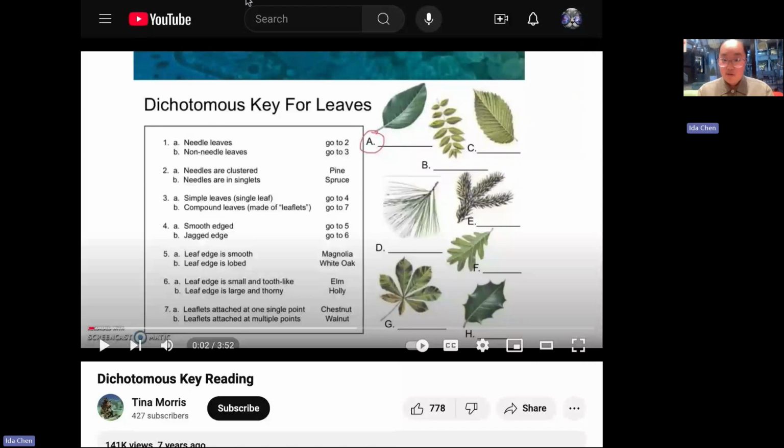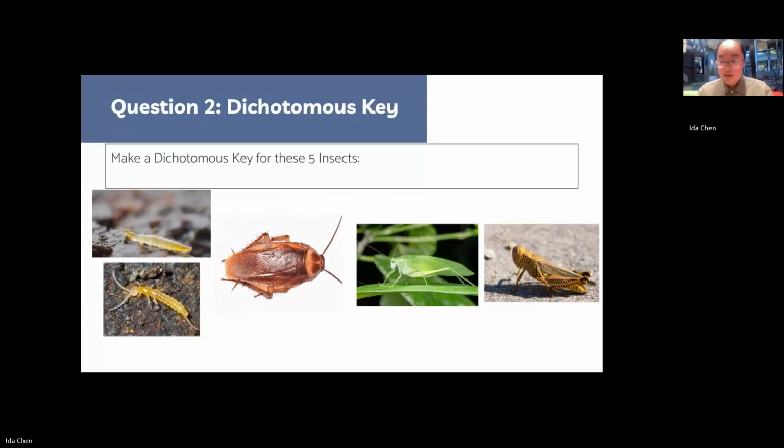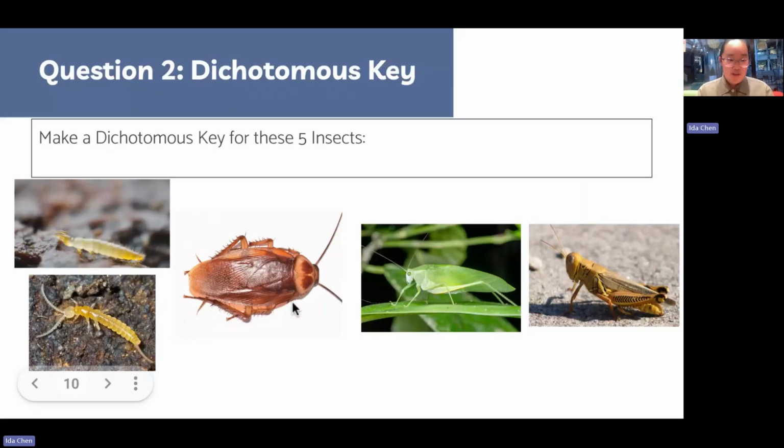I'm going to give you 5 bugs, and you're going to try to do the same thing. From the very limited amount of tests I've seen, it seems that you have to ID these yourself for the most part. So I'm going to give you guys some more time.